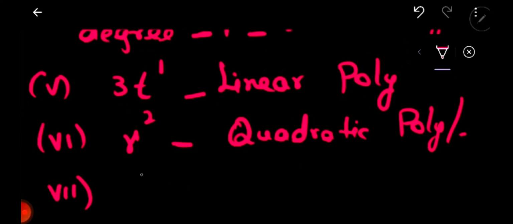And the seventh one, 7x cube. It has only one term, but the variable has power 3. So the degree of this polynomial is 3. So that's why it is a cubic polynomial.